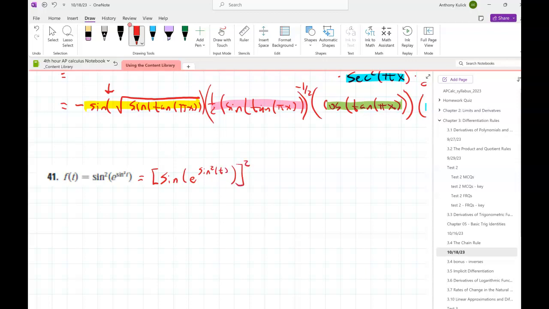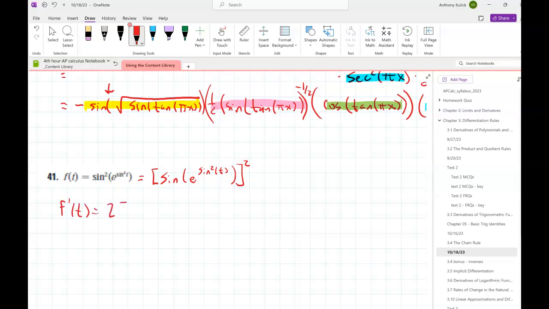Like that, right? Everybody's okay there? But that's what sine squared x means, is just sine of x quantity squared. So the outermost function is x squared, as Katie stated.